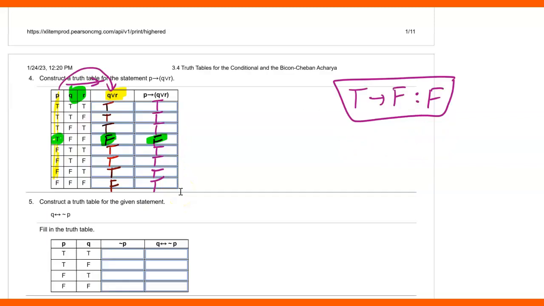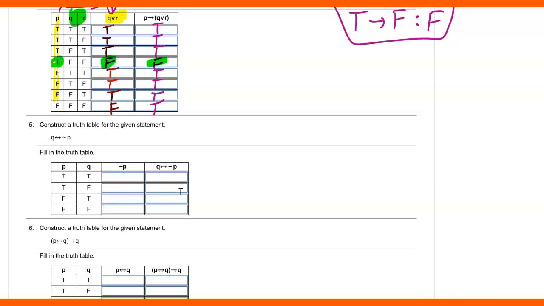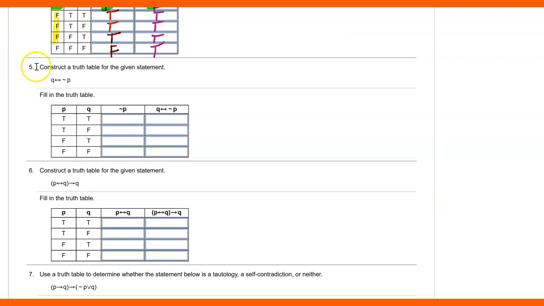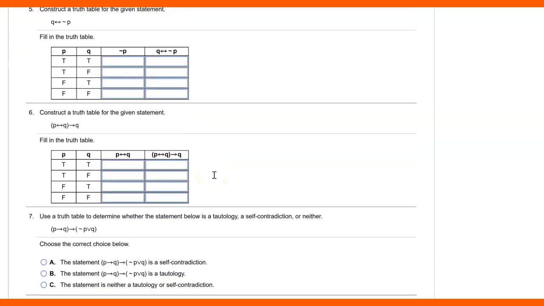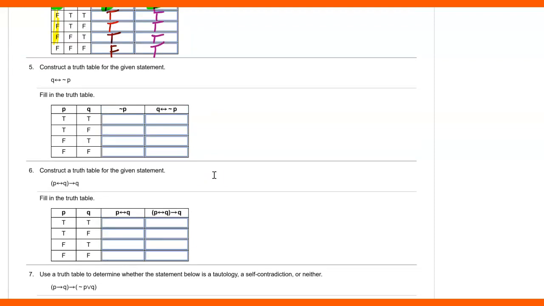You can see that. For biconditional, I'm going to do one of those, 5 and 6. Let me do question number 6 and you can do 5 by yourself.